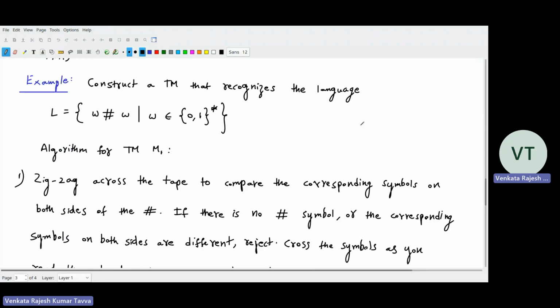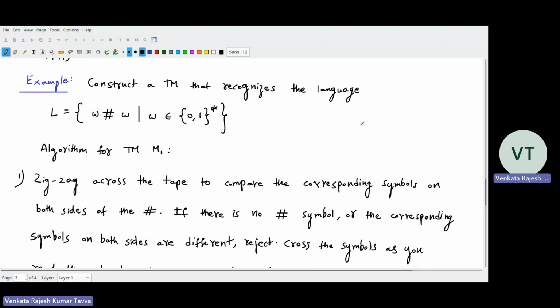Yesterday, we started the example: construct a Turing machine that recognizes the language W#W. I said this language cannot be recognized using a PDA because a PDA necessarily uses a stack. If the language were W followed by W reverse, then a PDA could recognize it, but this is W followed by W, which means you should compare the first character of the left half with the first character of the right half, the second character of the left half with the second character of the right half, and so on.